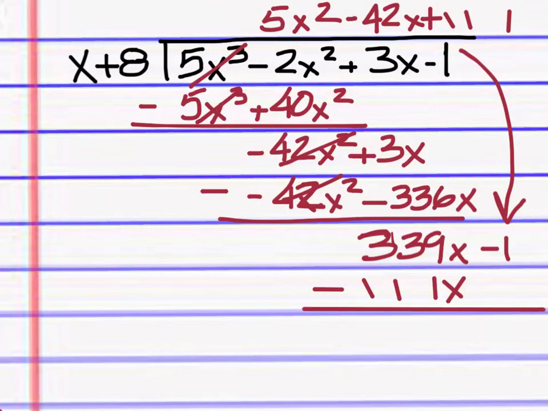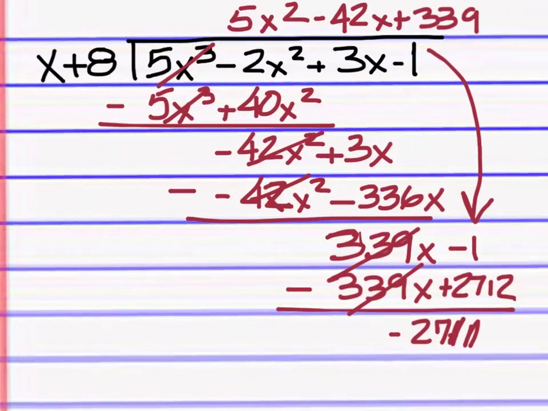And then 339 times 8 is going to be 2712. And that's plus 2712. These cancel out, and a negative 1 minus 2712 is negative 2711. So your final answer, we can just go up here to the top.